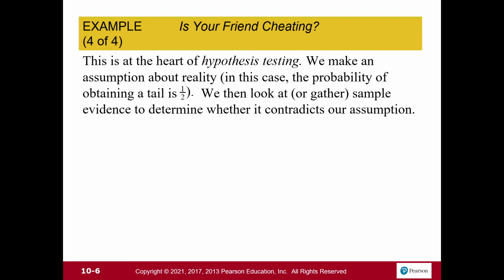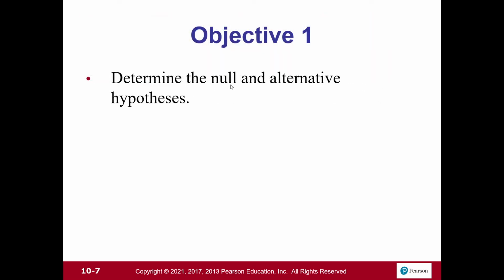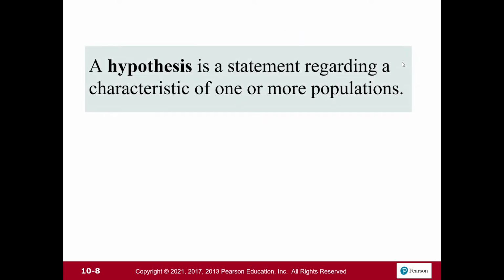This is the heart of hypothesis testing. We make an assumption about reality, and we then look at sample evidence to determine whether it contradicts our assumption. So, determining the null and the alternative hypothesis.